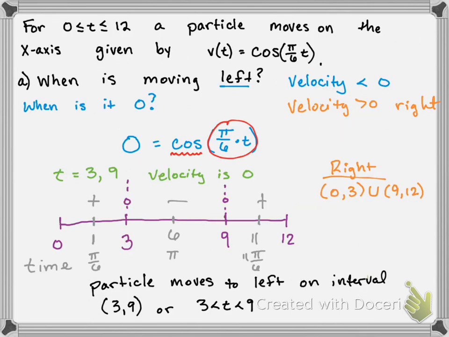So at 4, what was our value here? 4 pi over 6, which is 2 pi over 3. Wasn't it in the negative range?